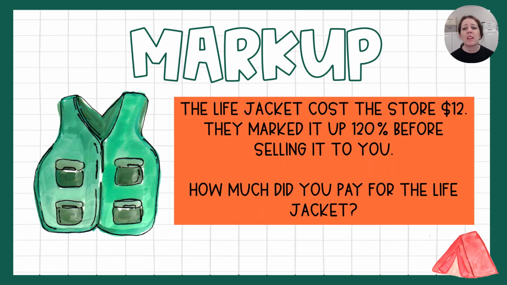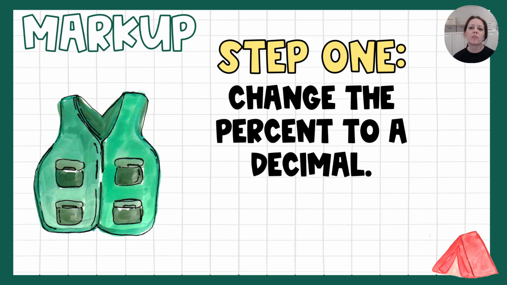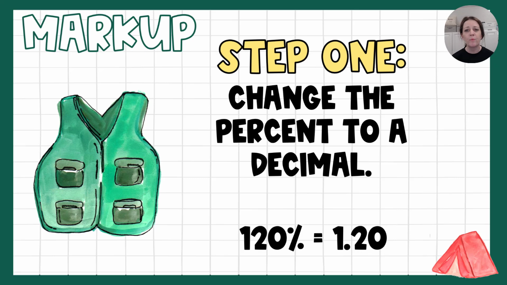So the life jacket, we're going to say it cost the store $12, but they marked it up 120% and then they sold it to you. So how much did I pay for the life jacket? Well, we're going to solve markup problems like this in the exact same way that we solve a sales tax or a tip problem. So step one is we're going to change that percent to a decimal, and 120% as a decimal is 1.2.